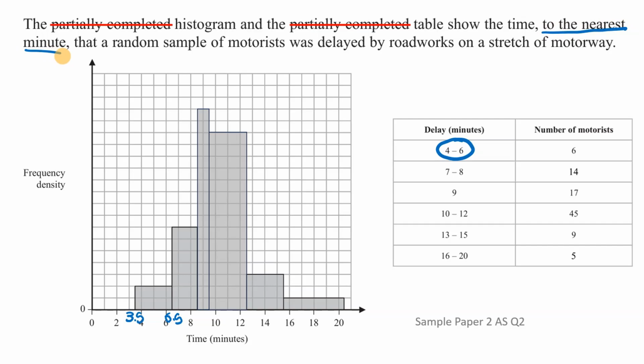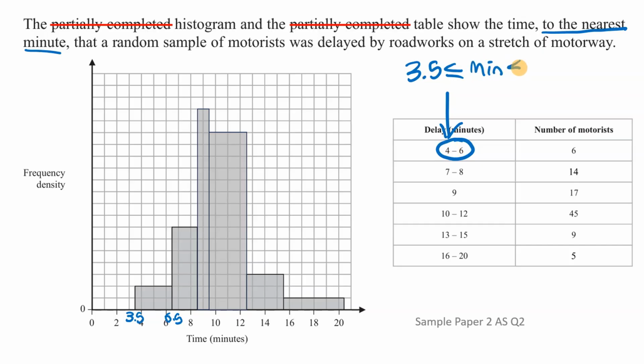We're told the time is rounded to the nearest minute, and what this means is this here is not the true interval. If we're rounding it to the nearest minute, the lower limit is going to be 3.5 minutes, because 3.5 rounded to the nearest minute is 4, so this is going to be included in this interval as well.